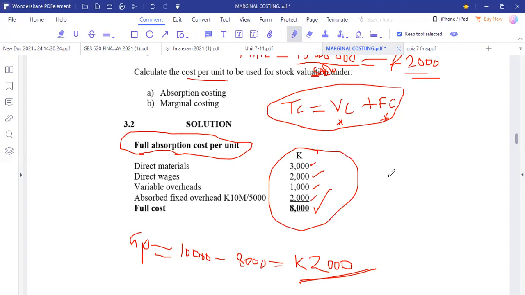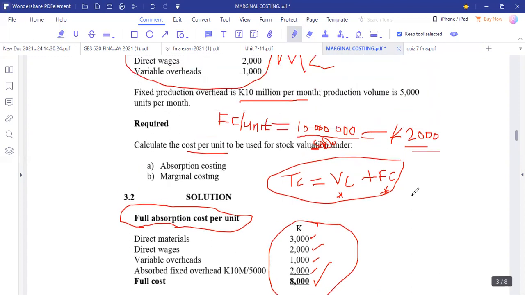So if you understand these basics, as we go to a comprehensive example, it will be very easy to follow through. All right, so now, is it okay to say that when finding the absorption fixed overhead, you divide it by the production volume? Yes, you are right. That is how we find it all the time. We try to find the production for a given month.